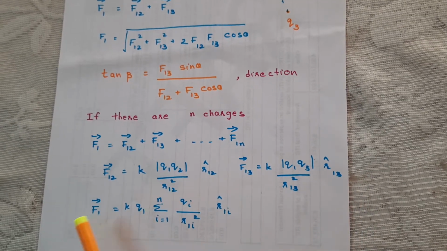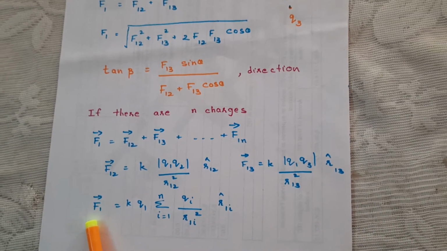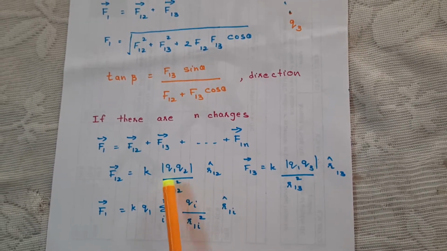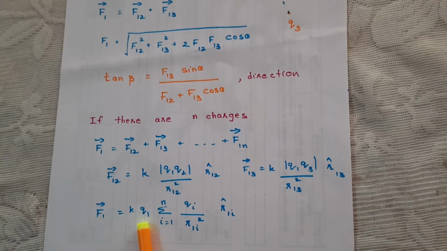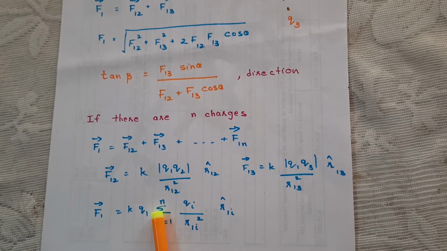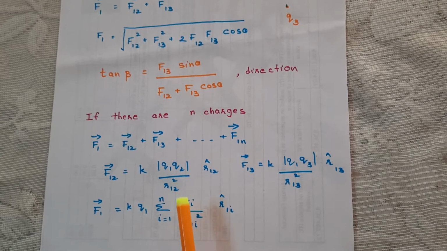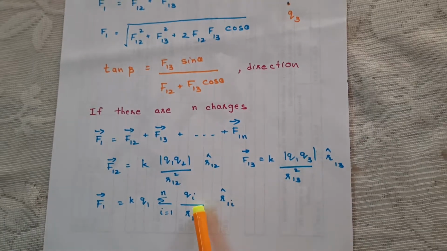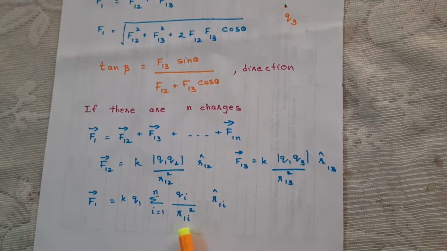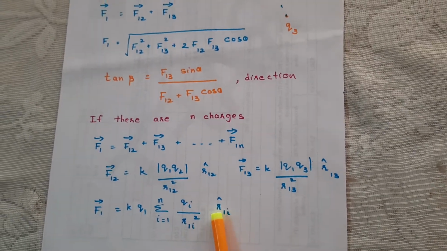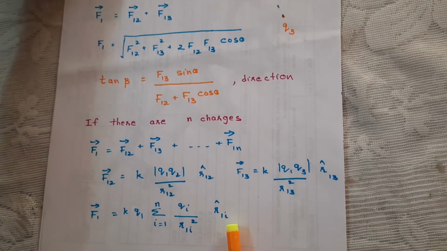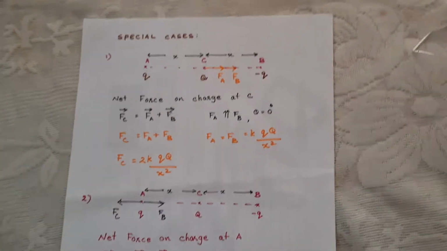So in general, we can write vector F1 is equal to k Q1 summation i equals 1 to n Qi by R1i square into R cap 1i. And now let us consider some special cases.